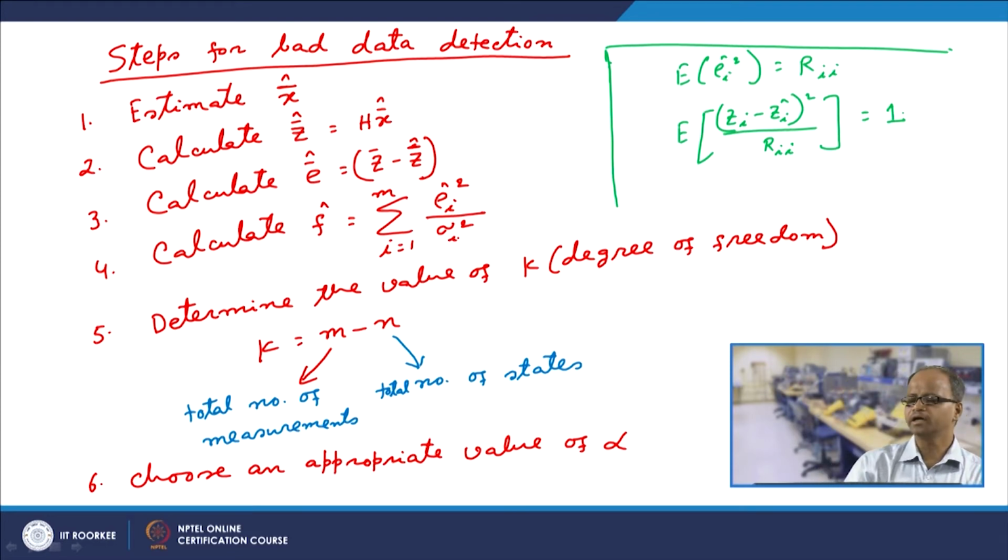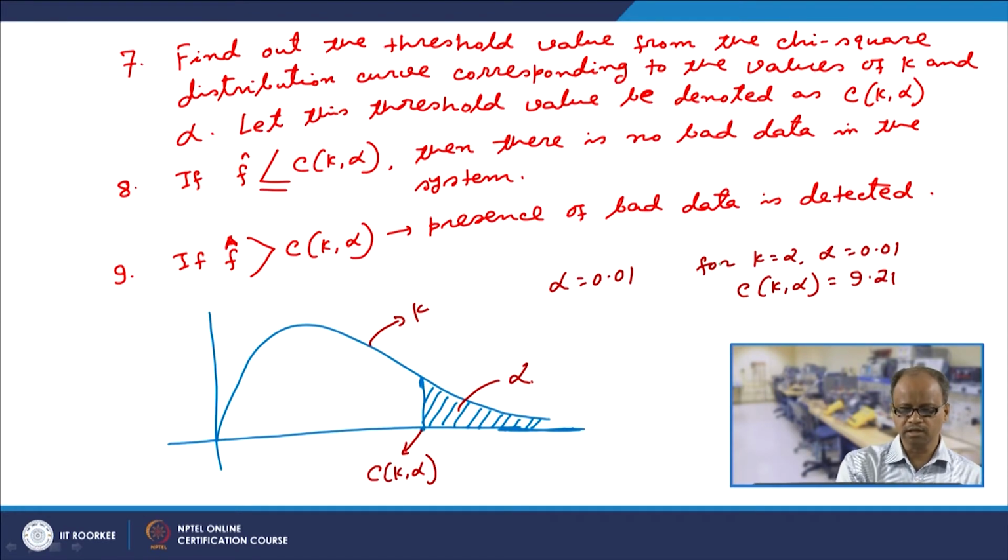So, then what we are actually trying to do, but this is the expected value. In that case, what we calculate is, when bad data is detected, we calculate E_i hat divided by root R_ii.